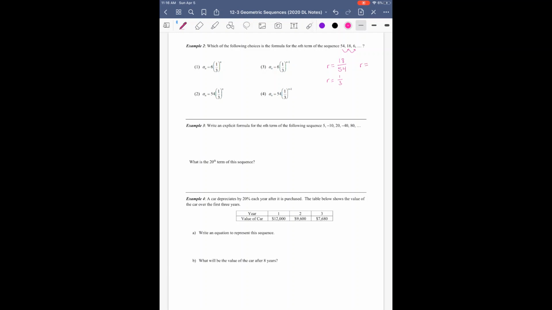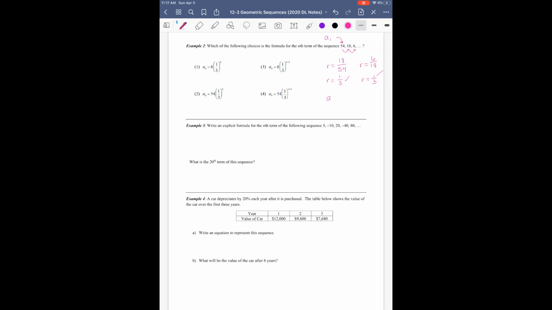And let me just test it out to make sure I'm right. So I'm going to do the third term of 6 divided by the second term of 18, and we get 1/3. So our common ratio each time is 1/3. And I'm also going to identify my first term, which is 54, which is a sub 1.